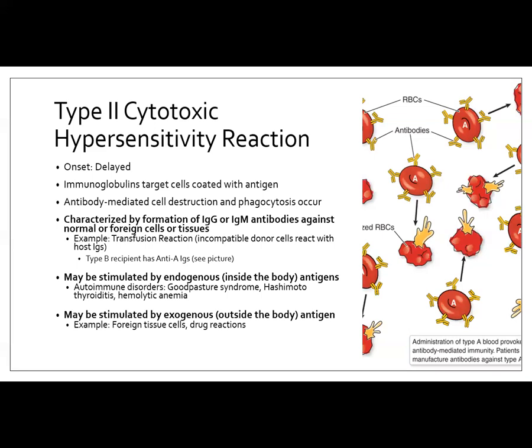So that's why it's important to ask the patient what kind of reaction they had when it came to their drug reaction, because depending on the type of drug reaction they had, you're just not going to give it at all.